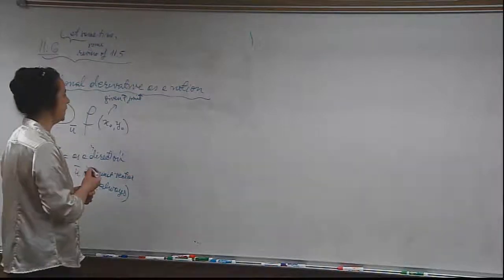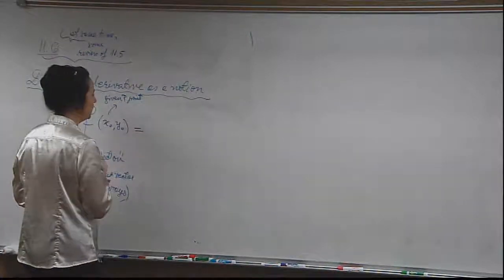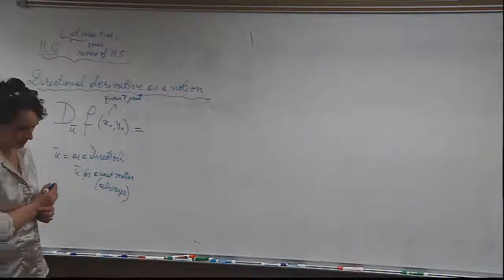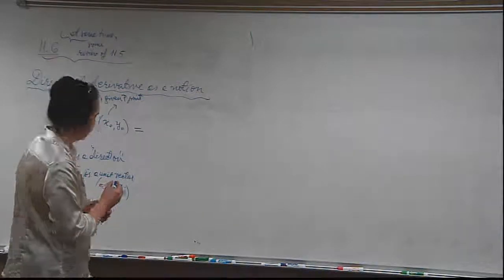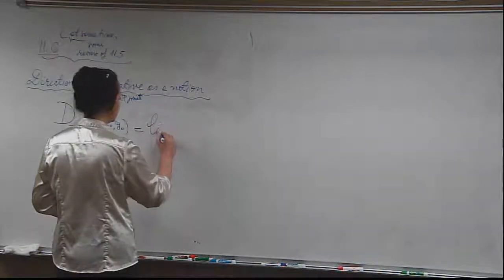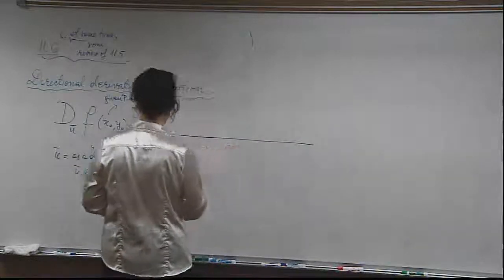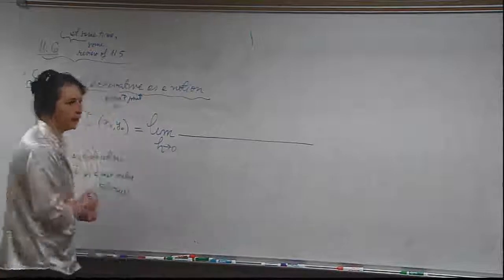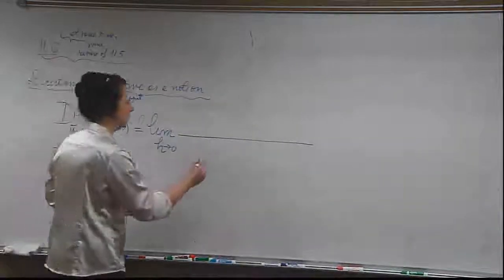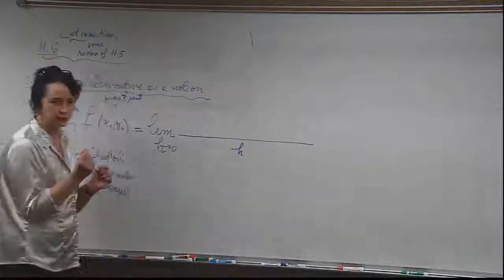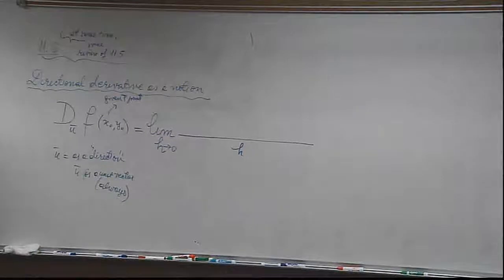And I'm going to say what that's going to be. I have the limit, I'm going to use the h. And you say, why in the world is she using h? You will see in a second, h goes to 0, because we haven't used h in a while. h is like a small displacement that shrinks to 0.